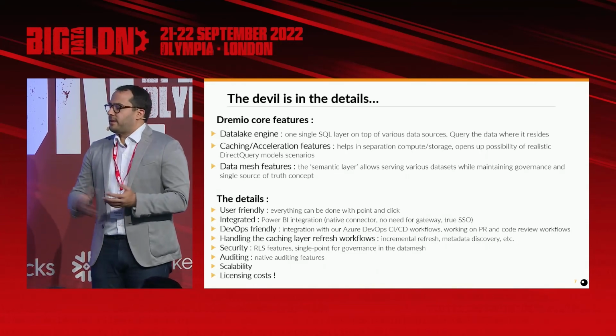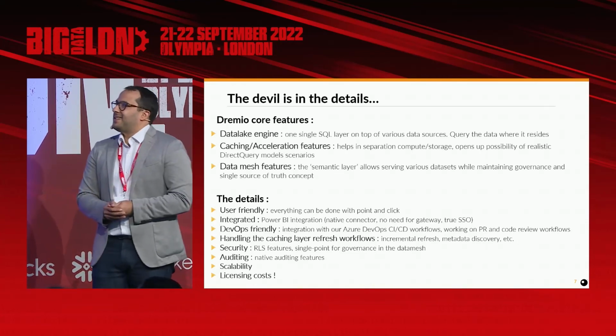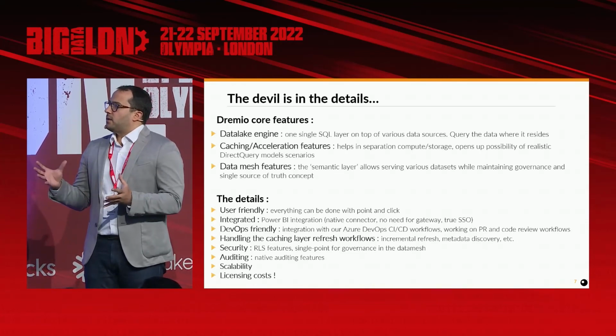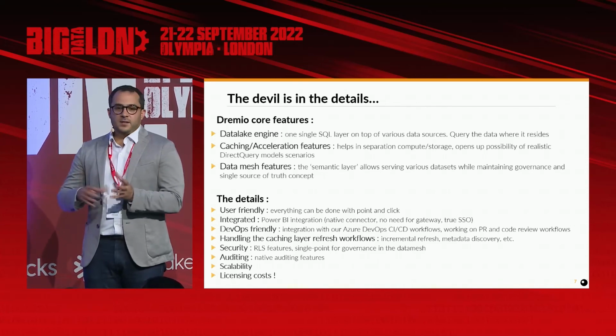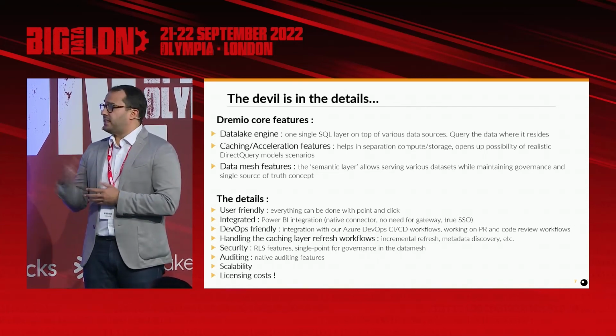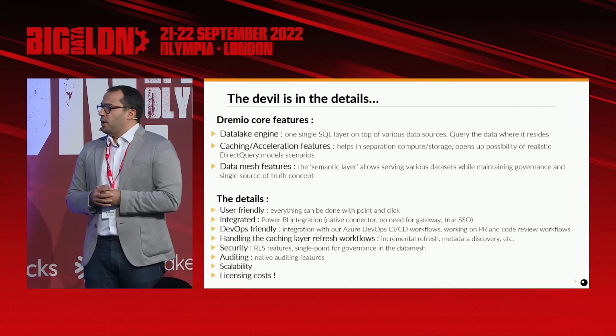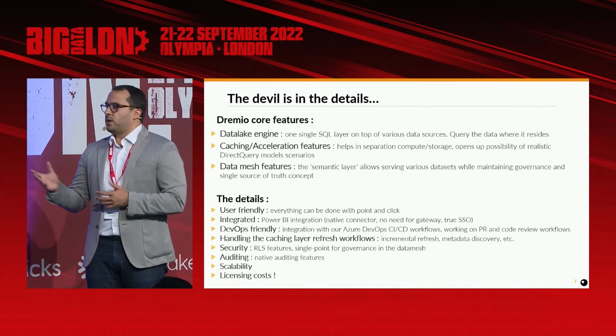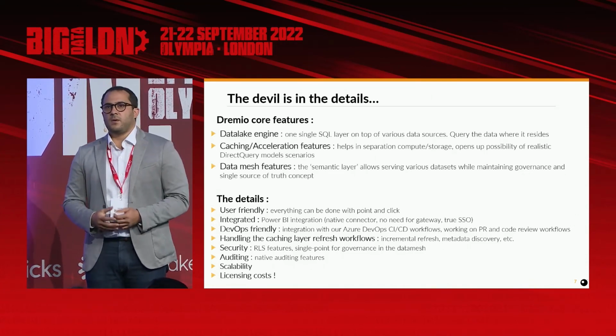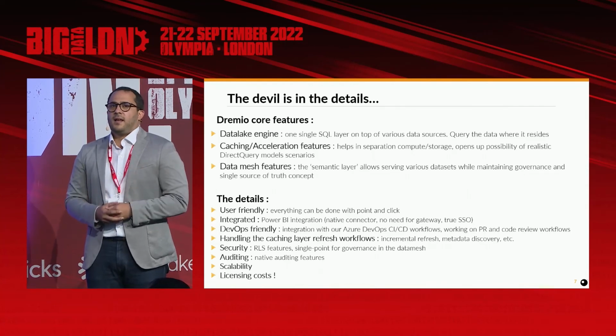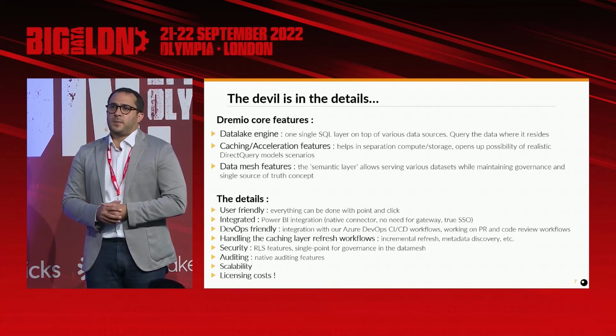I'm not going to talk about the competitor, obviously, but basically, Dremio was the only one that had the full package with all these features. The details matter: you do something with the software and then you want to integrate it into DevOps and you say, oh, okay, that's not going to be easy. I had an experience with a competitor.